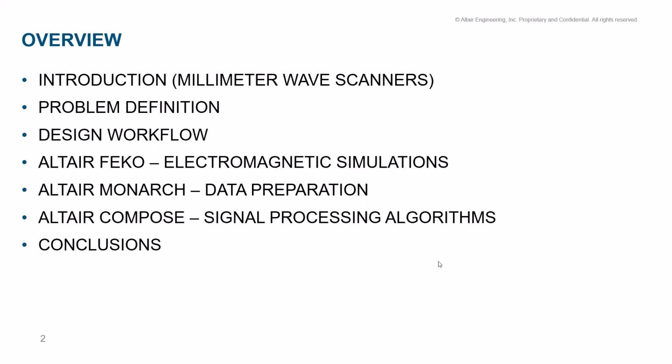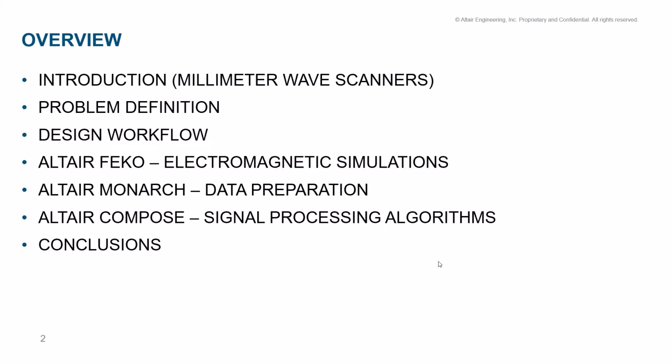After that, we will be discussing the design workflow and how we can use Altair Feko for electromagnetic simulations. Then I'll jump on to Altair Monarch to talk about data preparation. After that, Altair Compose is there to do the signal processing algorithms.